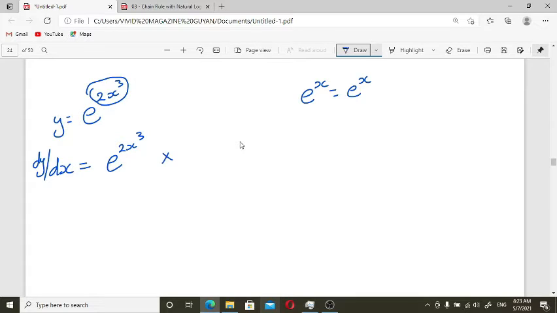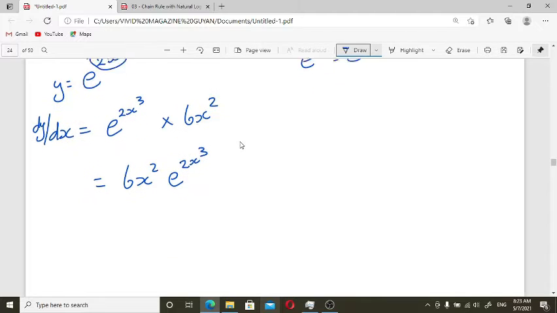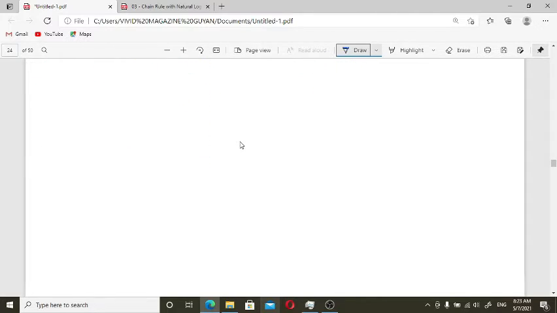So this is 6x squared in front, e to the 2x cubed. And you're finished. So again, you just rewrite whatever you're given, differentiate the power, and just make it look neat afterwards.